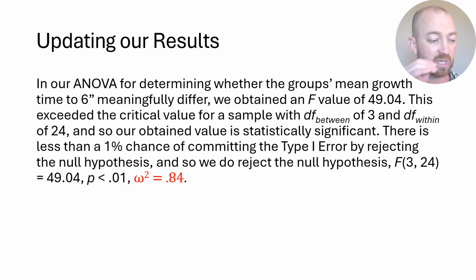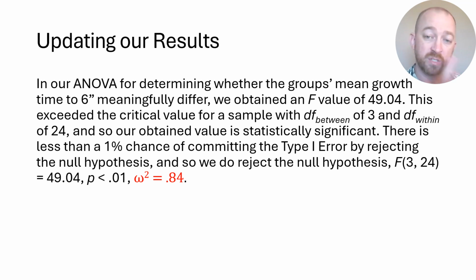The idea here is we can attribute any differences there, if we see them, to the amount of fertilizer. Turns out that we were able to do that because we found a significant F value of 49.04. That was statistically significant because it was larger than the critical value that we would need for a test with 3 degrees of freedom for the between groups variation and 24 degrees of freedom for the within groups variation.